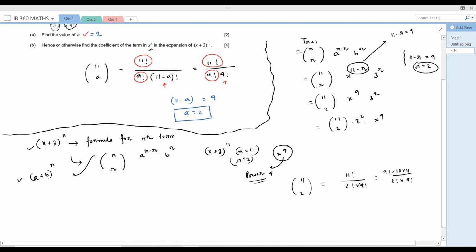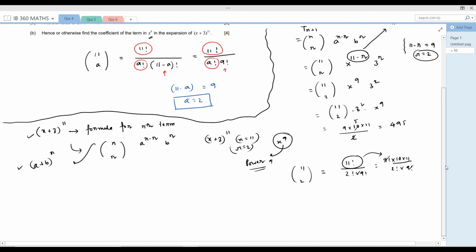For 11 factorial we have divided it into 9 factorial into 10 into 11, so we are cancelling this out. Then we multiply: 9 into 10 into 11 into 11 divided by 2 equals 495. So the coefficient is 495 x to the power 9.